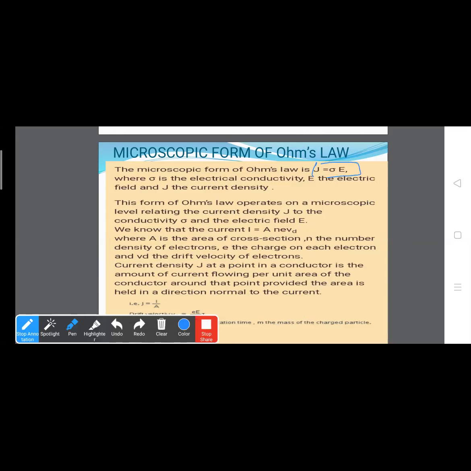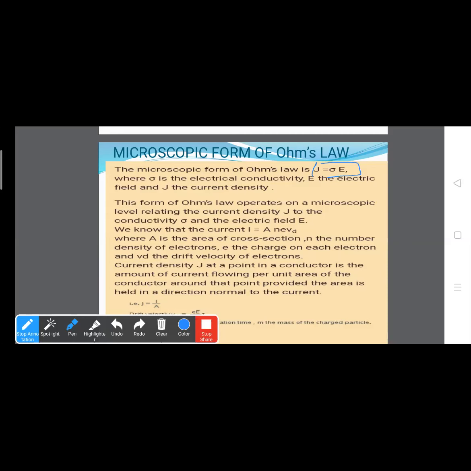So sigma is electrical conductivity. What is electrical conductivity? It is the reciprocal of resistivity. And what is resistivity? We have already discussed resistivity in the previous video, right? Resistivity is the resistance when 1 meter is the length and 1 meter square is the area of the conductor.